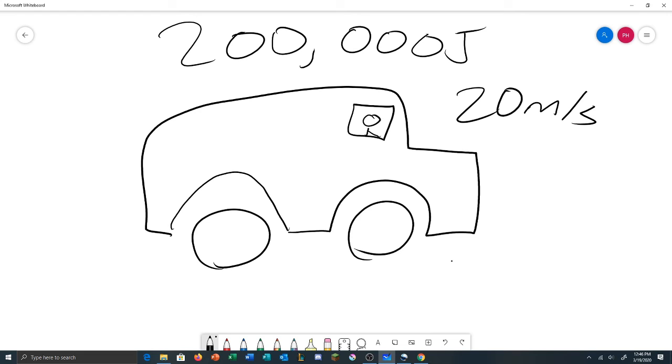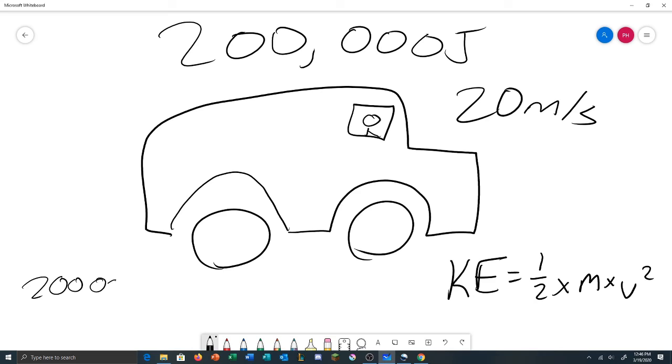We know that the formula for kinetic energy is 1/2 times mass times velocity squared. Well, how would you plug this into a scenario to get the answer? Well, I would start with 200,000 because that's your kinetic energy, and that equals 1/2 times your mass, that's what we're looking for, times your 20 meters per second squared.